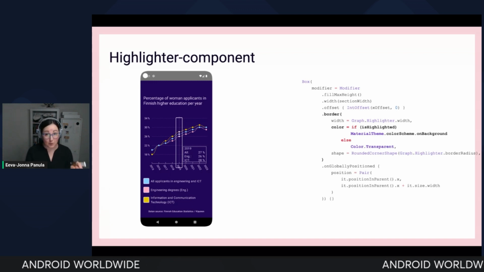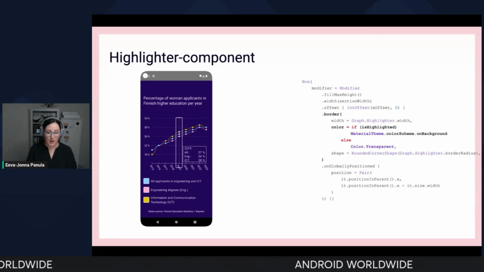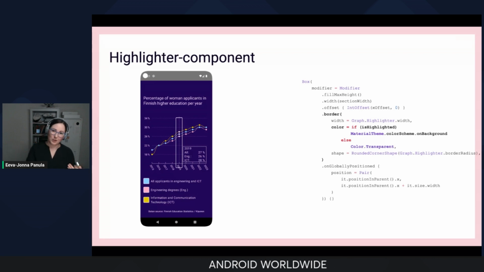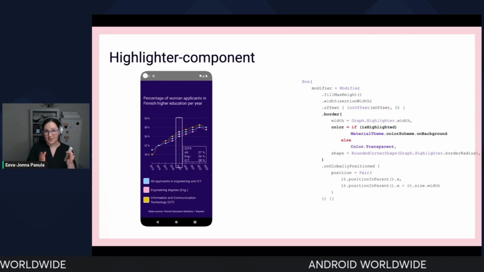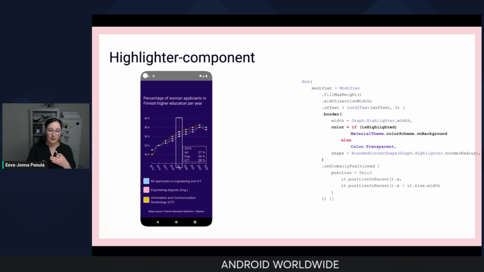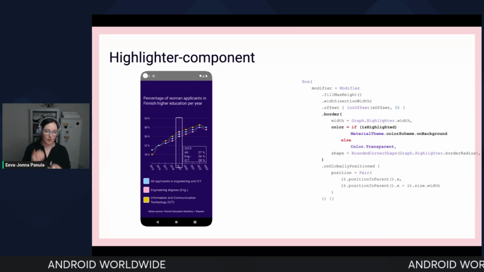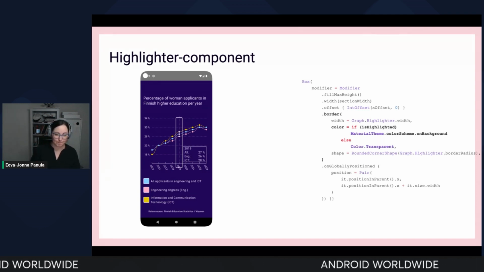So basically it's white in this app. But if it's not highlighted, we want to set it to transparent. So we are not removing the border if it's not highlighted. We are just setting the color to be transparent, to avoid a bit of shifting in the layout. So there's that.